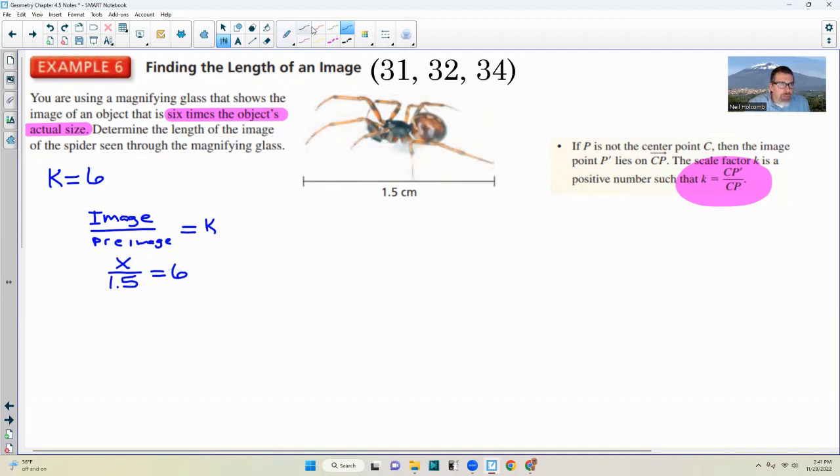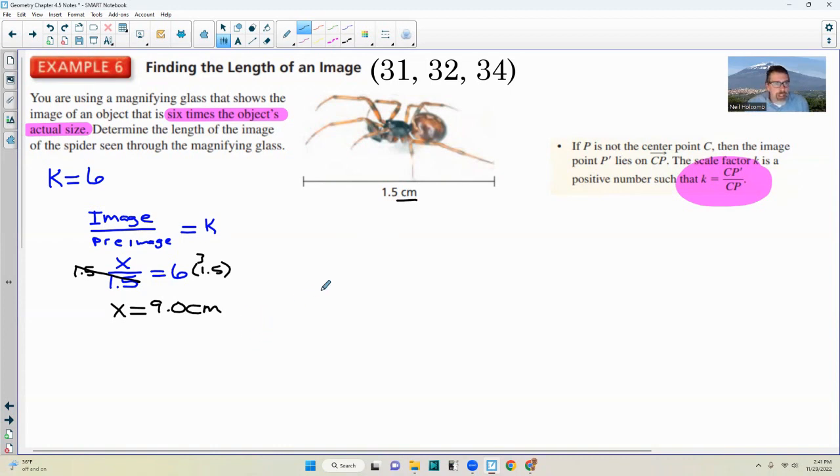Well, in order to solve this, we just simply multiply both sides by 1.5. And the 1.5s cancel, and I get my x to equal 6 times 5 is 30. Carry the 3. 6 times 1 is 6, plus 3 is 9.0. And use your unit of measurement in your answer, centimeters.